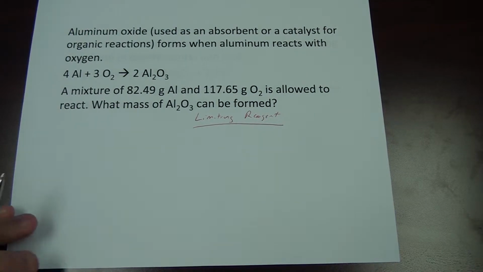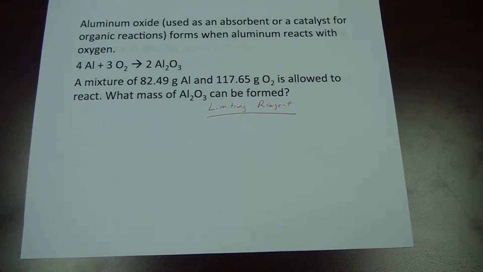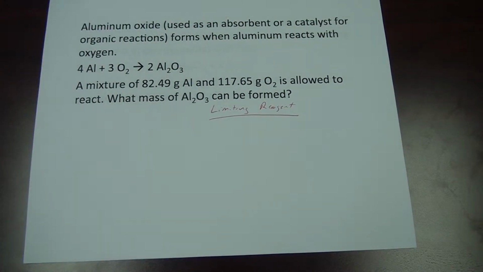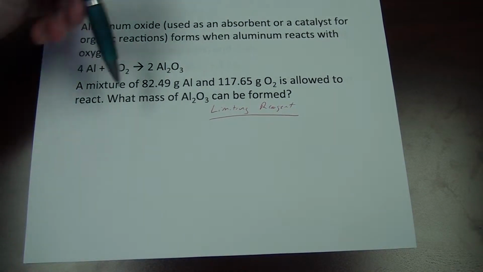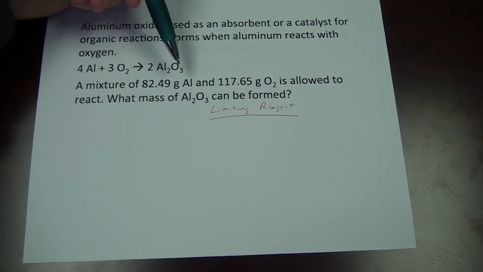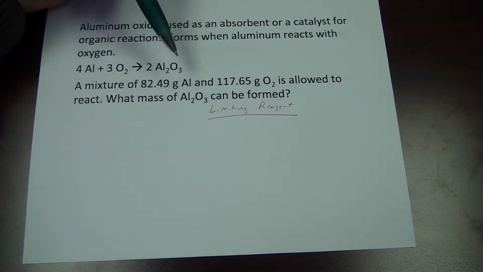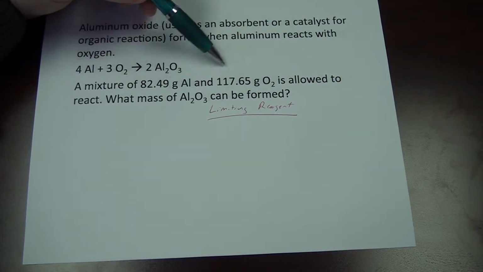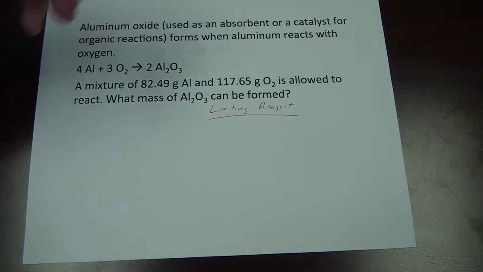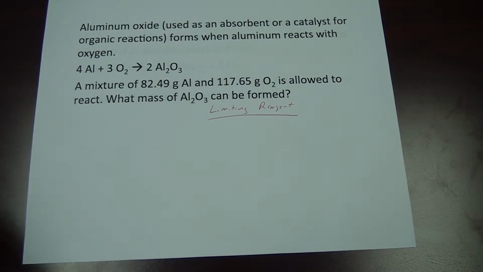So the best way to solve this is to pretend that we only have one of these at a time. We do the same calculation once, assuming this is the only thing there. How much of the answer are we going to get? Then assume we only have this one. How much are we going to get? And then the correct answer is going to be the smallest one.